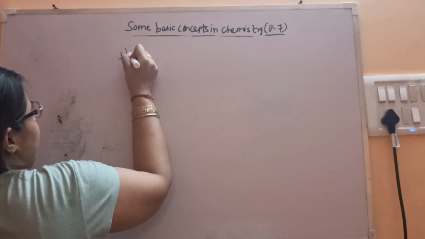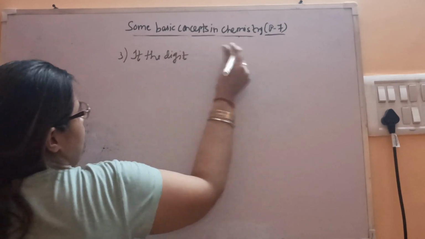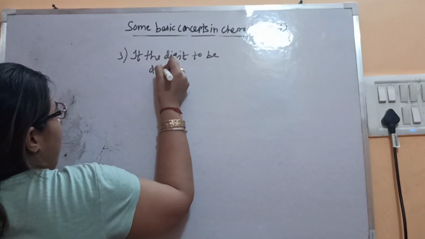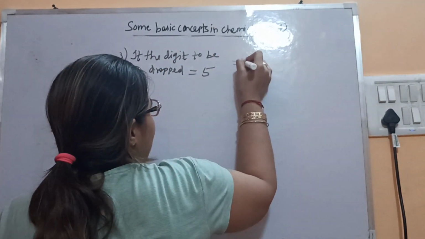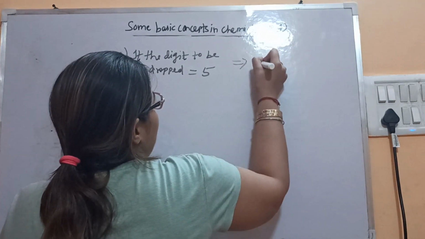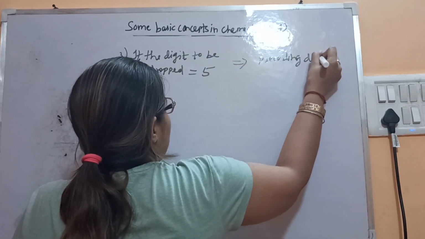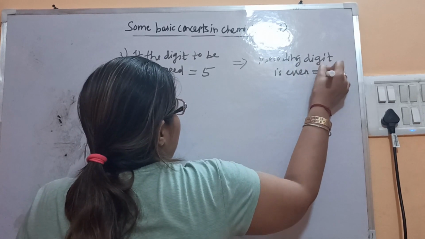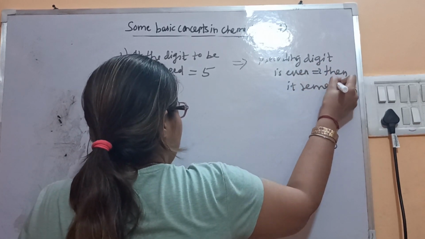Third rule is, if the digit to be dropped is equal to 5, then we have to check the preceding digit. If the preceding digit is even, then it remains unchanged.